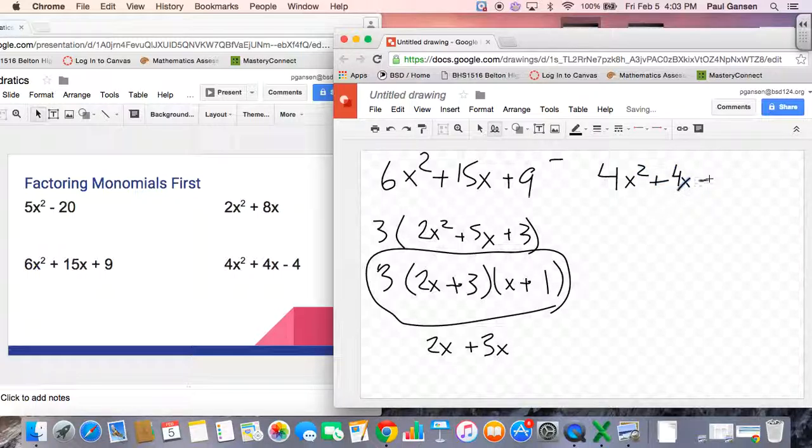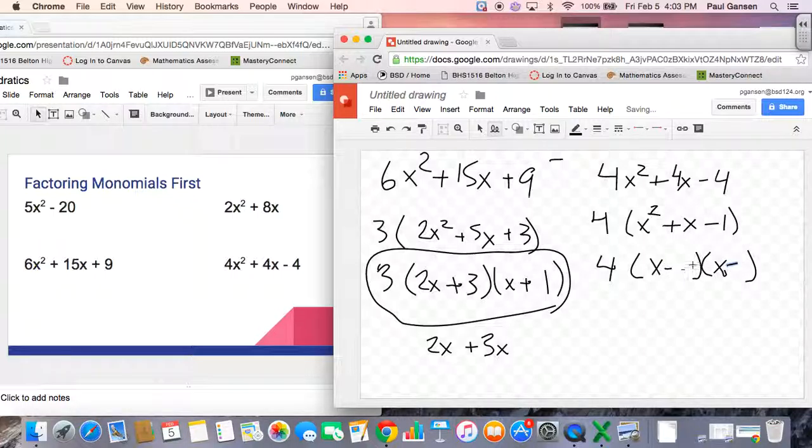Now the last one I think is interesting as well, where we have 4x squared plus 4x minus 4. These all clearly have the common factor of 4 in them, so I'm going to factor that 4 out. Then we have x squared plus x minus 1. And then we're going to try our different ways of factoring this, where we could try the Xbox method. We could set up the factor brackets below the 4. Then we have x and x, and one will be positive and one will be negative.